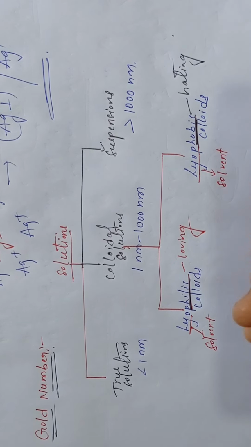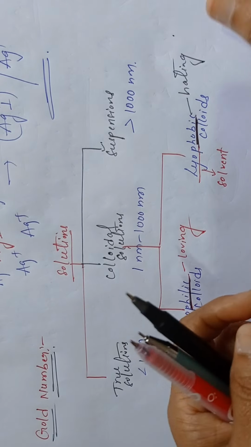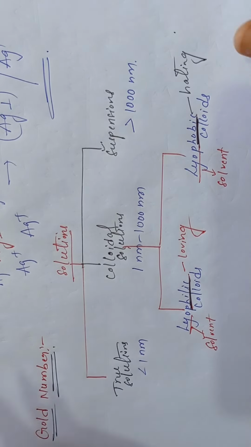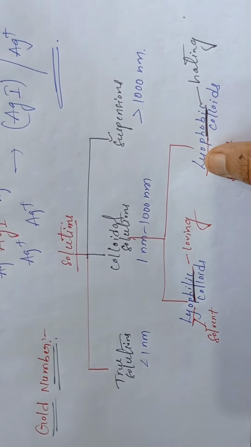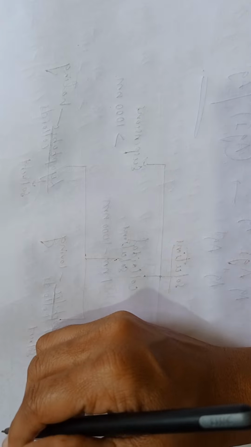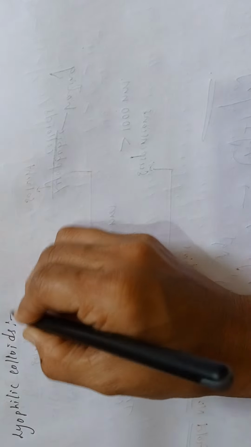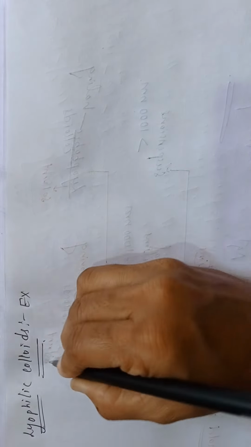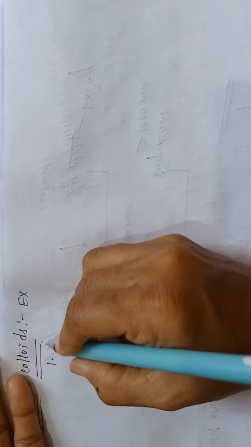Okay, now I'm going to discuss lyophilic and lyophobic colloids, students. I'm not discussing more, just some points. See, students, lyophilic colloids and lyophobic colloids, correct? Examples of lyophilic colloids, what can we take?